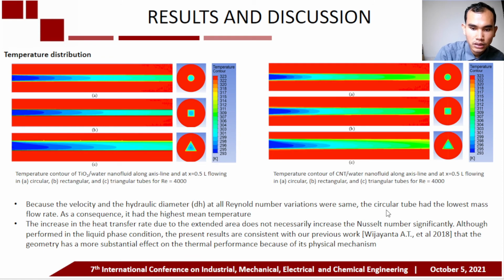So the circular tube will have the lowest mass flow rate because it has a low cross-sectional area compared with the rectangular and triangular. As a consequence, it has the highest mean temperature, and as another consequence, it will produce the highest Nusselt number.